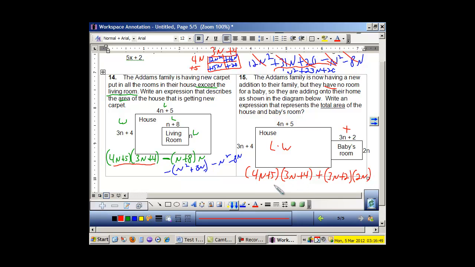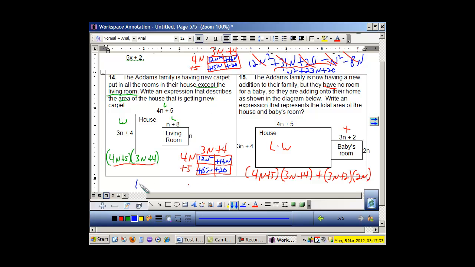Well, okay. So let's work it on this side over here. So we're going to box it up, right? 4n plus 5, and then I have 3n plus 4. That's 12n squared plus 16n plus 15n plus 20.